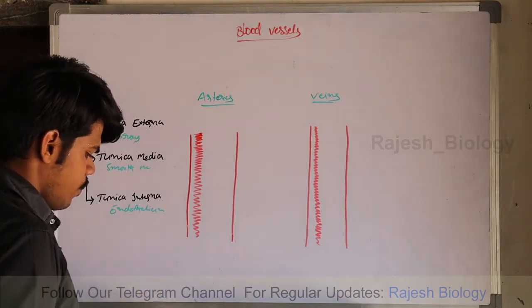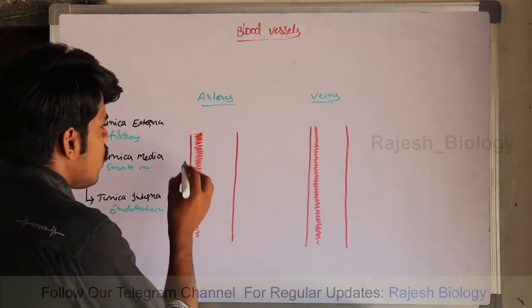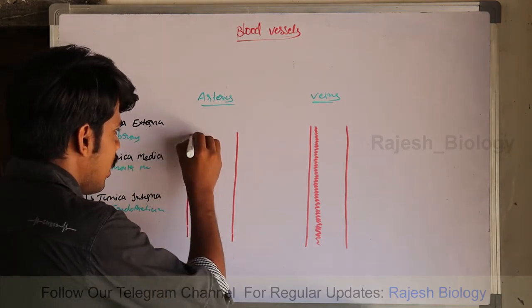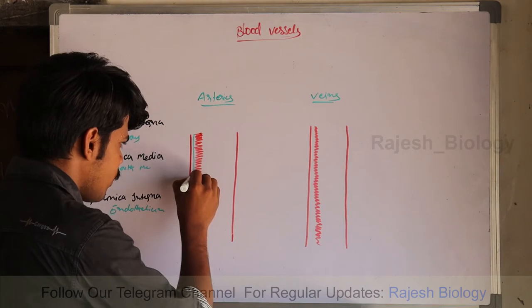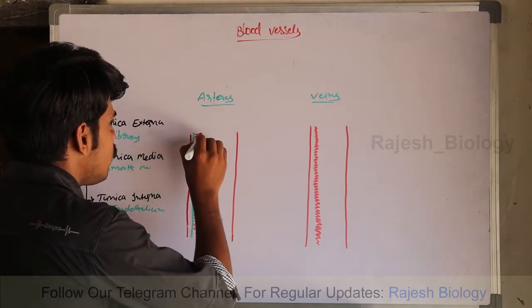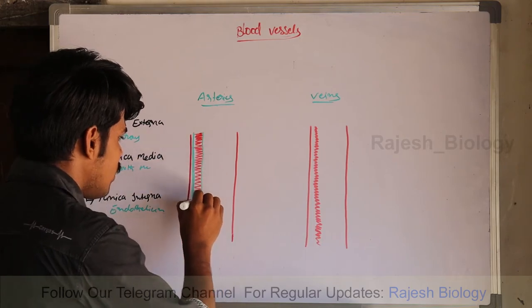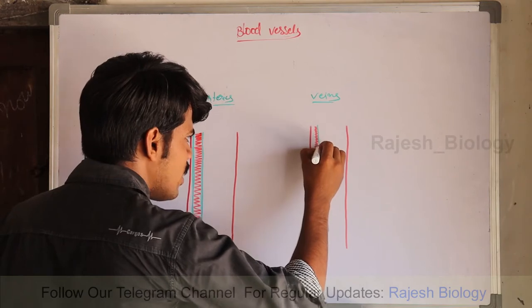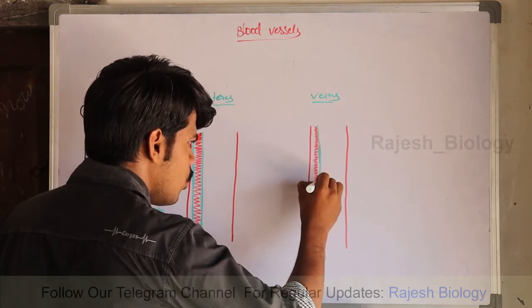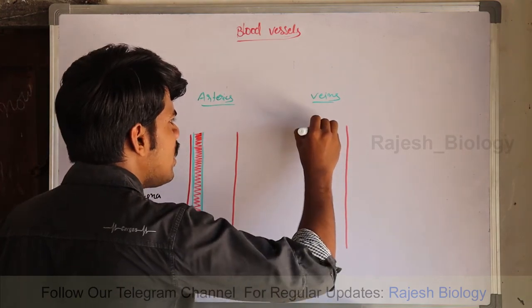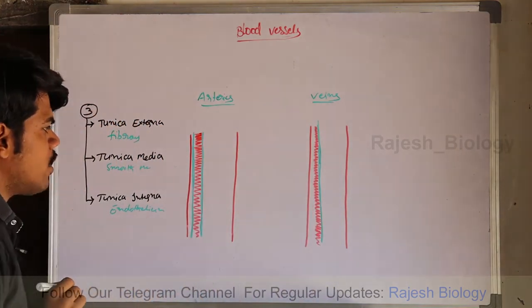And the tunica media of arteries is lined on either side by an elastic tissue, elastic lamina, in arteries. The same type of elastic lamina is present in veins also, but only on one side of the smooth muscle, that is the inner side of the smooth muscle, there is an elastic lamina in veins.